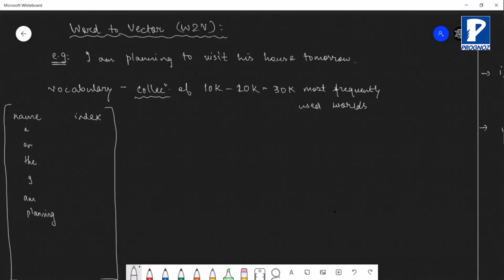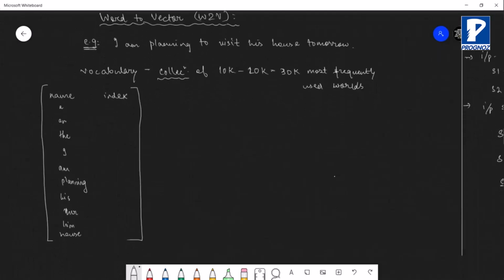I'm just writing these words somewhere or the other. ठीक है, his आ गया, her आ गया, him आ गया, कुछ भी आ गया. House is there, today आ गया, tomorrow आ गया, कुछ भी आ गया. House के बाद I'm writing today, tomorrow.